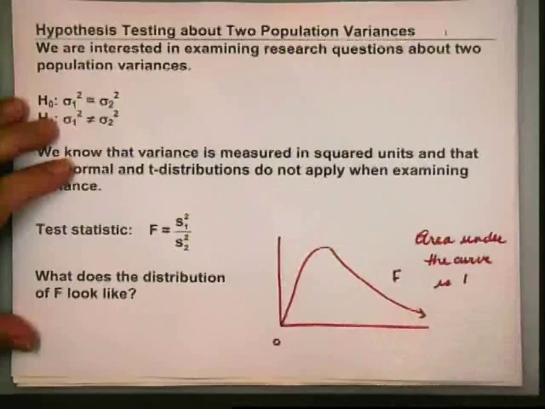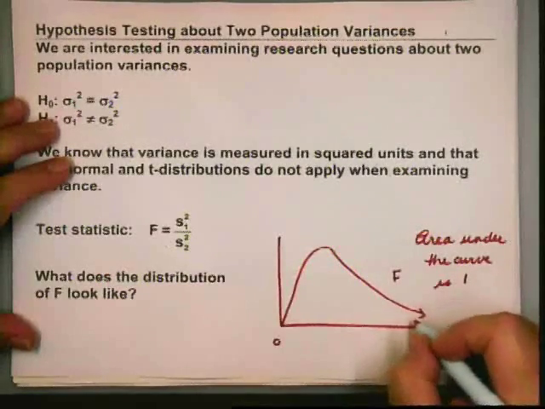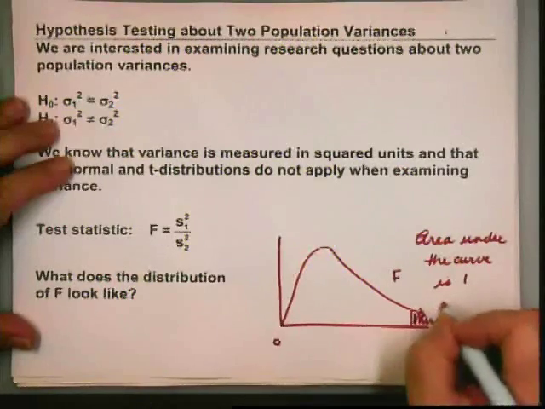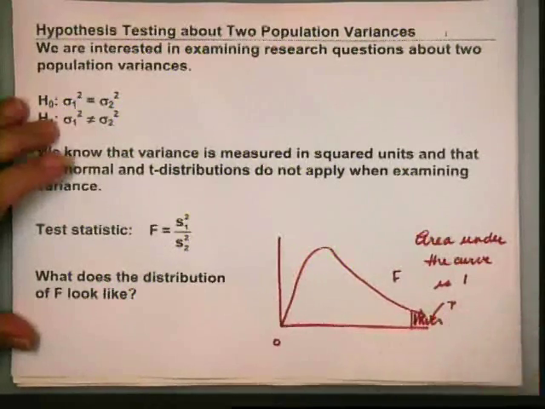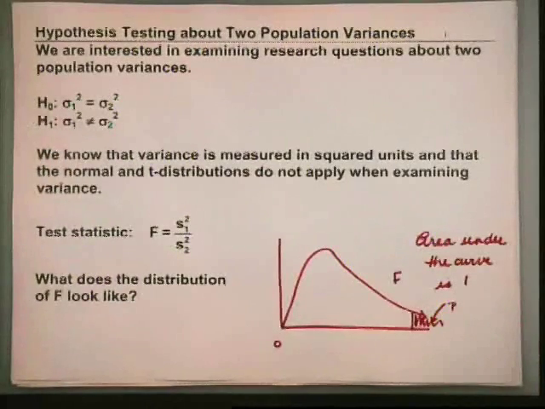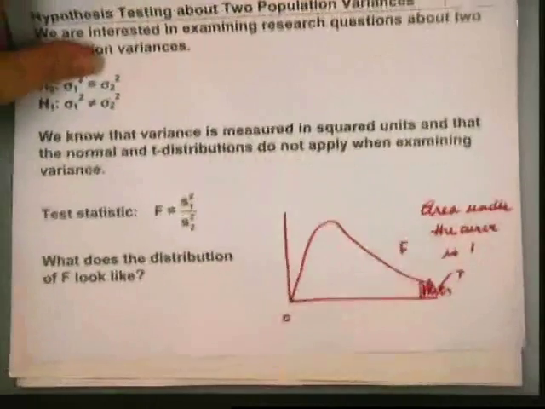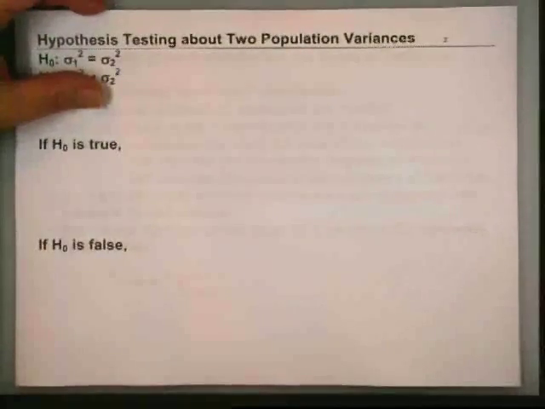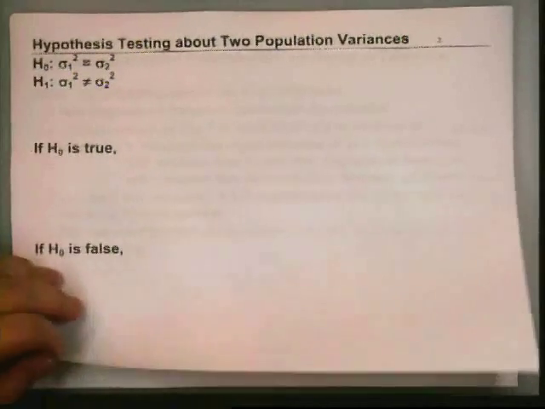We're going to look up critical values in our textbook, and they're going to be based on this right-hand area from our tables. It's going to call that P. We'll look at the table values in just a little bit, but let's set up the hypothesis testing scenario first.